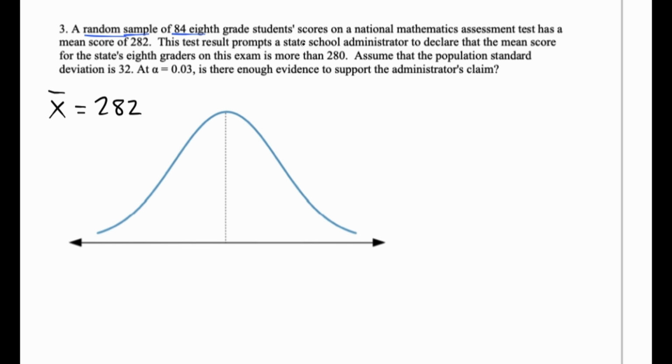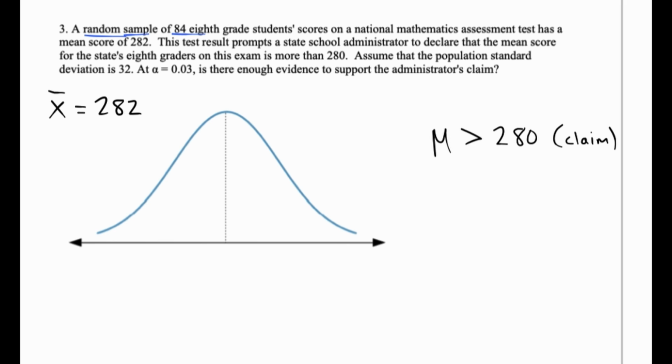The test results prompt a school administrator to declare that the mean score of 8th grade students in the whole state on the exam would be more than 280. So that's their claim that they're making, that mu is more than 280, and we can write claim by that.